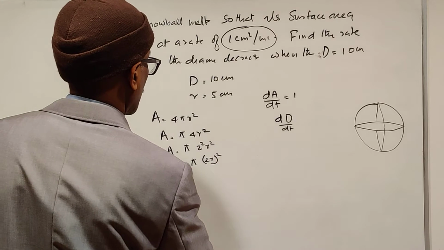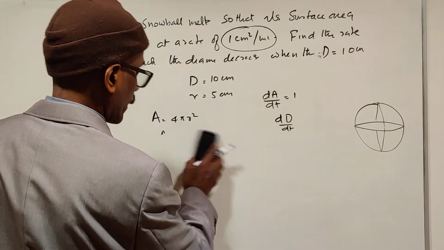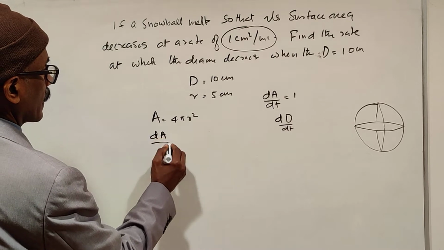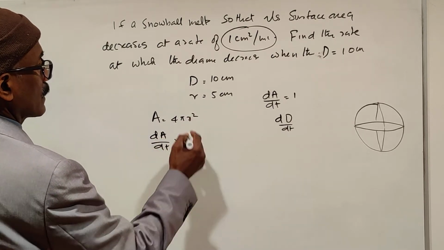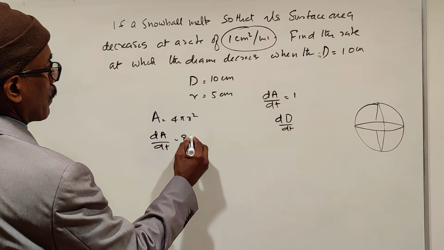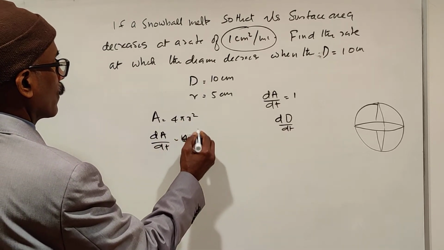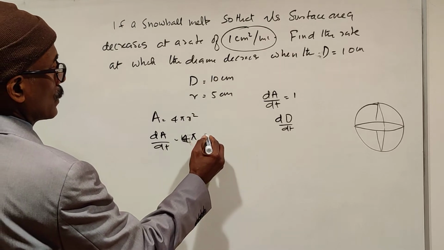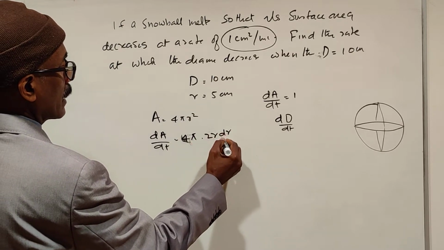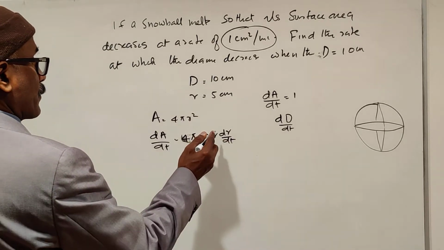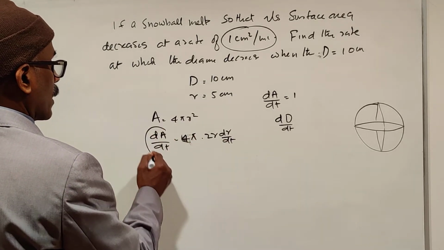Okay, find dA by dt. dA by dt equals, what is that? 4 pi into, what is the derivative of r square? 2r dr by dt, right? So dA by dt is 1.